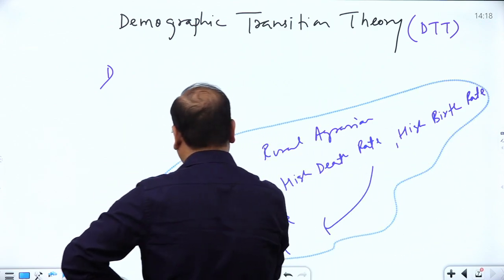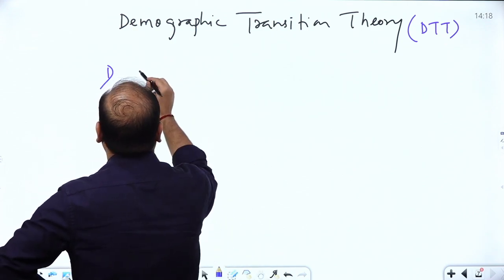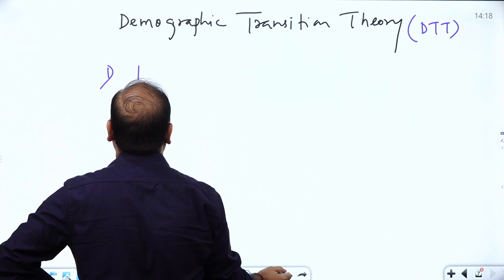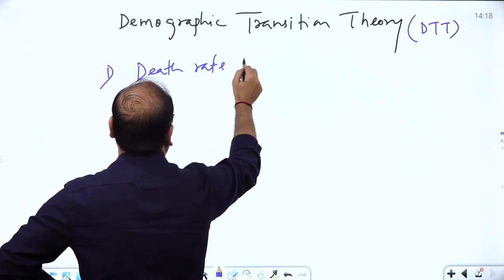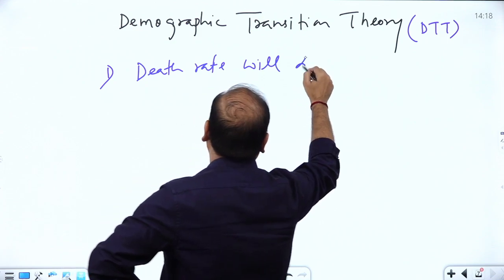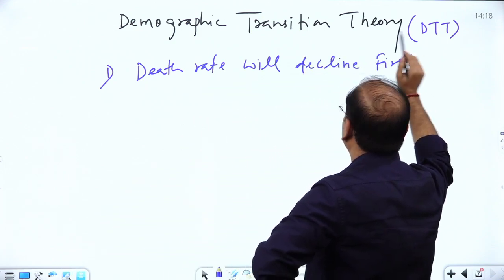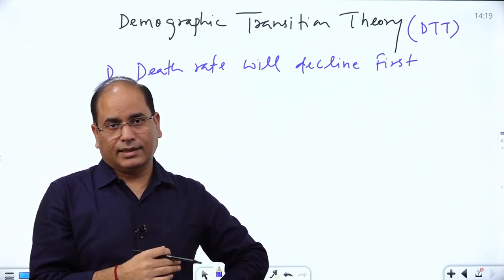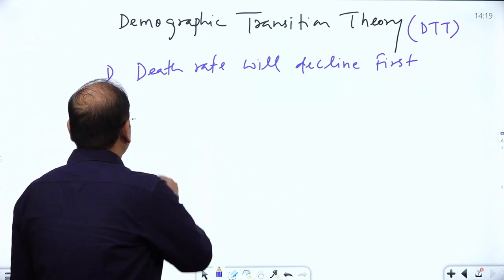The very first premise, the very first notion is that the death rate will decline first. So what will decline first? Death rate. Then what will happen?